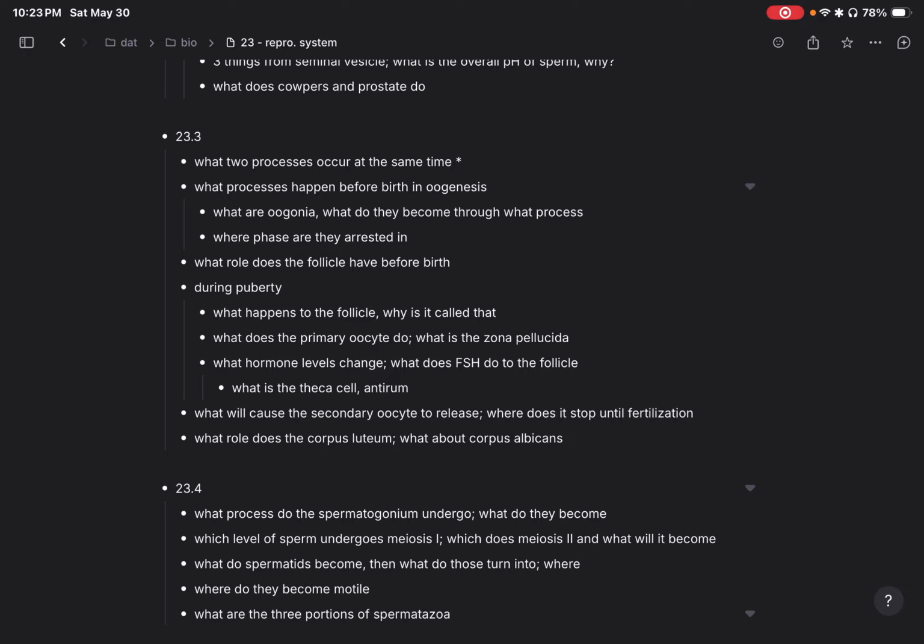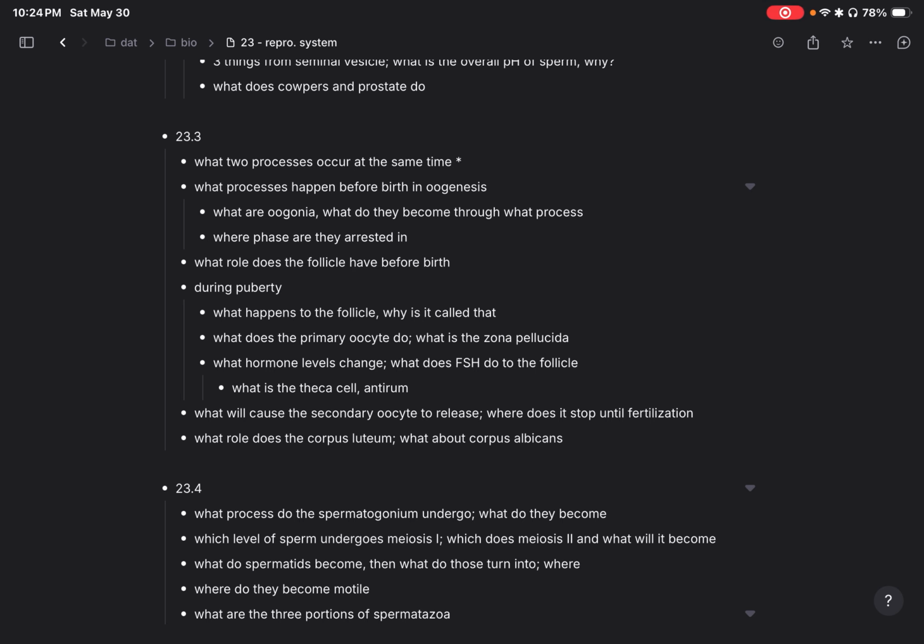I'm not too sure why it's called the follicle. They'll develop, and a few of them will be selected. Okay, now what does the primary oocyte do? The primary oocyte will begin meiosis and complete meiosis 1, but then it'll be arrested in metaphase 2.